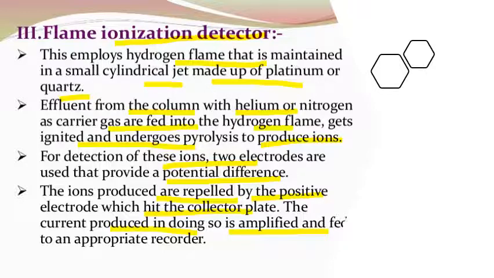So in this detector, the sample which is to be analyzed is burnt under the hydrogen flame to produce ions, and the ions are detected by the electrodes generating the potential difference. When this difference occurs, on that basis the current goes on being produced, which is recorded.